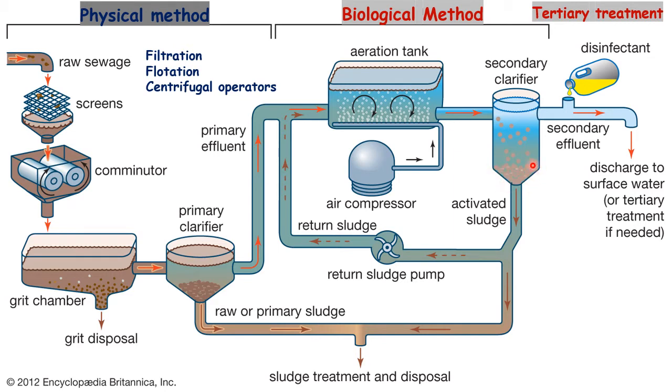From this activated sludge, part of these flocks, the particles that settled down here, will be sent back and used for the aeration process, because we need microorganisms continuously to make sure that the process continues, right?